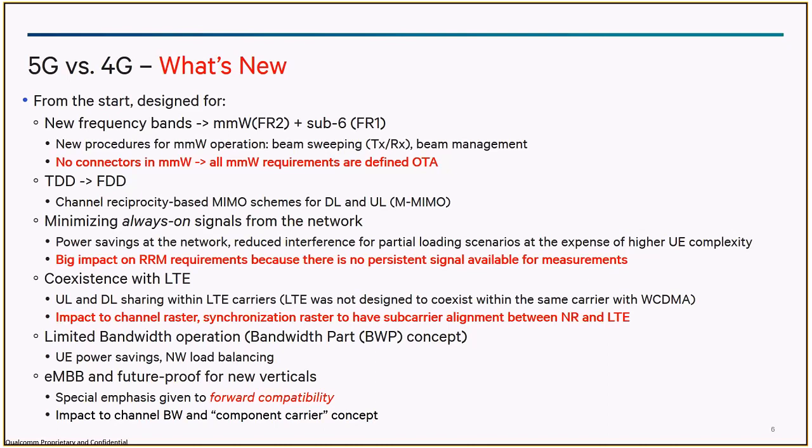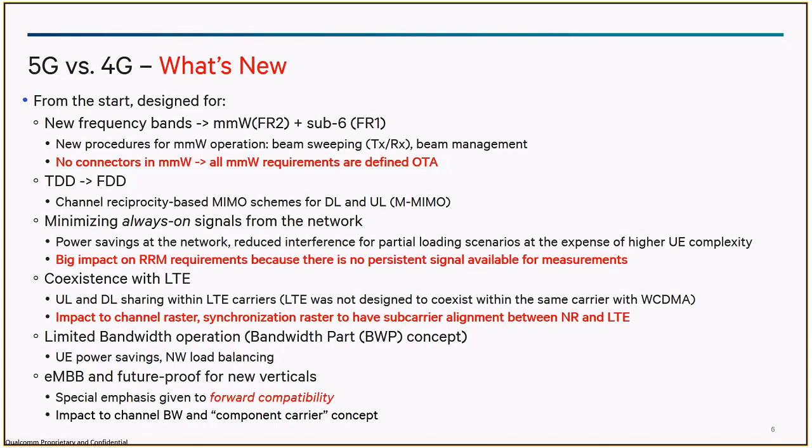What is the saving for the UE here? The key saving is that when your LNA is not scanning the entire 400 megahertz or the entire bandwidth of the system, the amount of time the LNA is active reduces, which means the power used to remain active from a sleep mode reduces. So there would be a current gain in 5G versus, say, 4G.